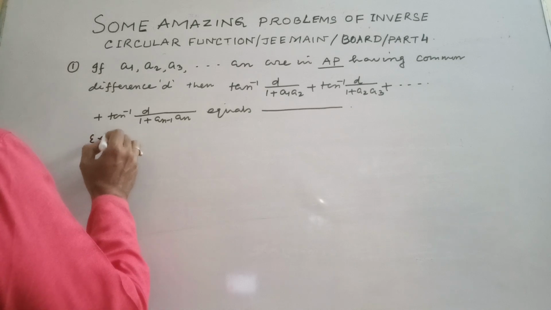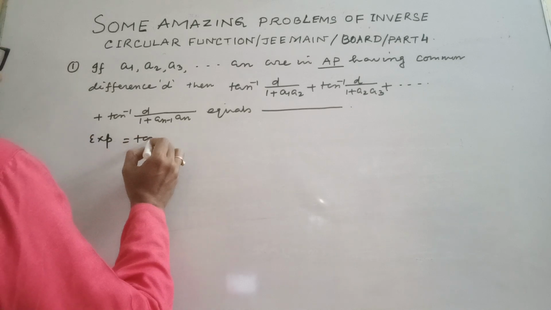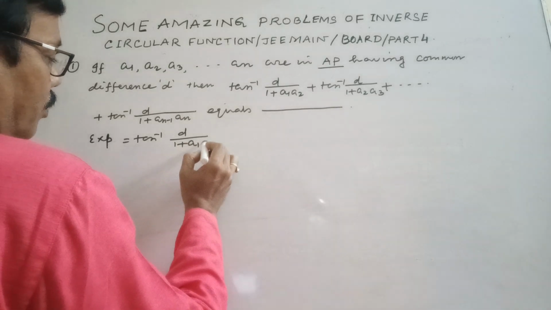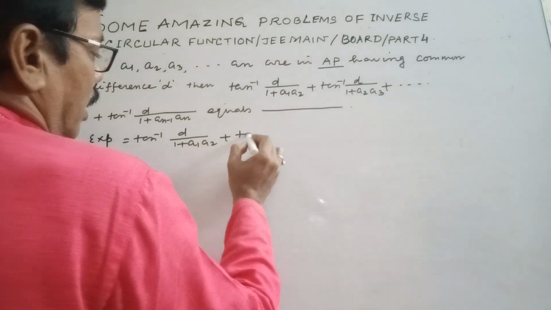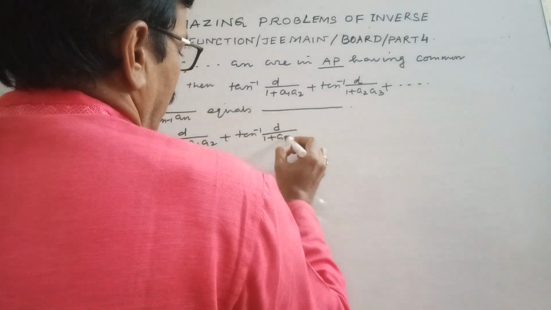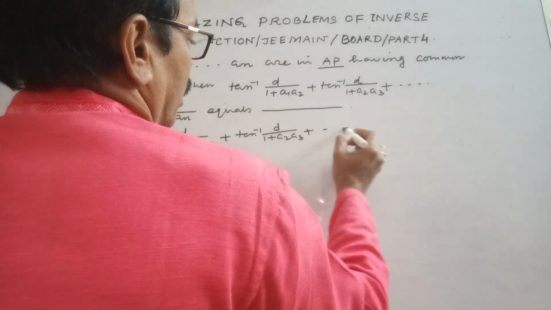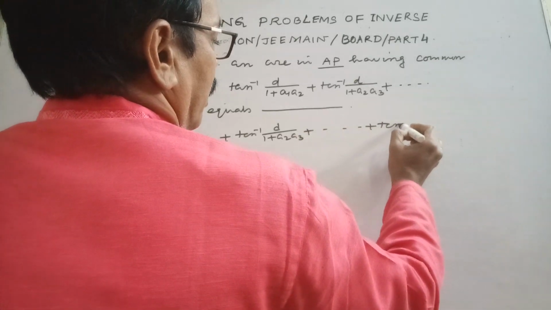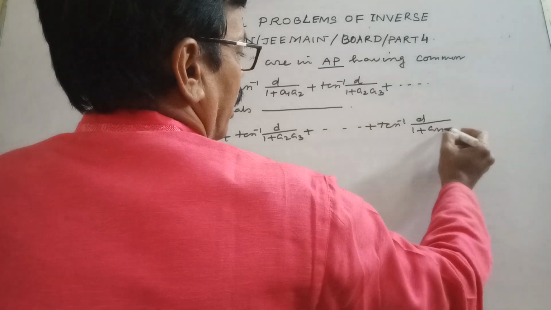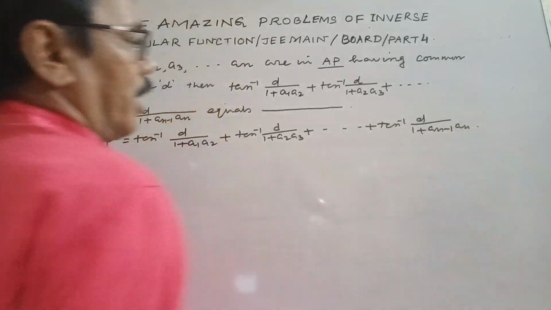Now what is the expression? Tan inverse, in each case the numerator is D: D by 1 plus A1 A2, tan inverse D by 1 plus A2 A3, finally D by 1 plus A(n-1) into An.